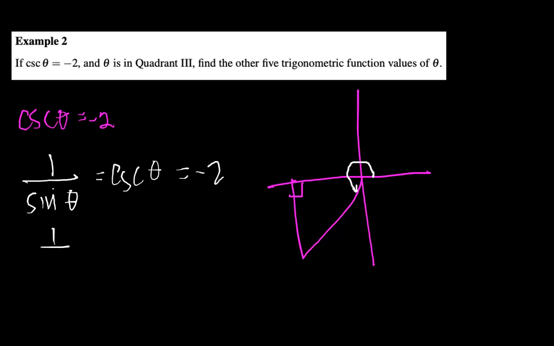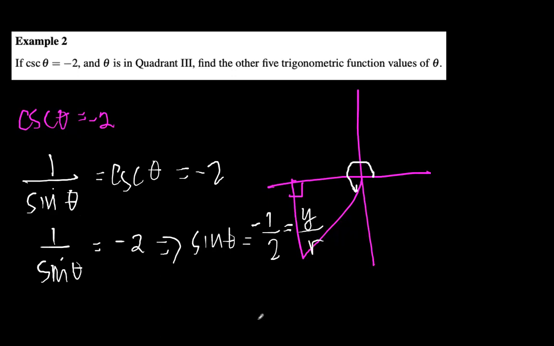So therefore, 1 over sine theta is equal to negative 2. And I can do cross multiplication and simplify. Sine theta is equal to 1 over negative 2, or negative one half. Got it? And this is equal to y over r. So we know y is negative 1 and r is equal to 2. Therefore, x is equal to negative square root of 3.